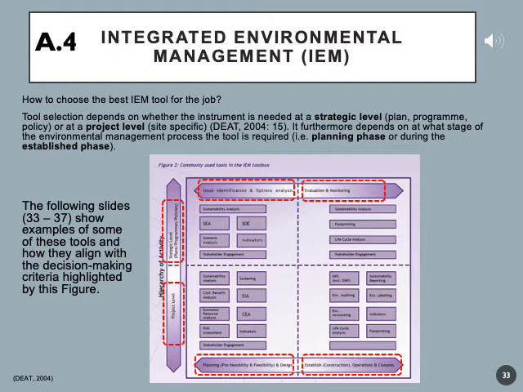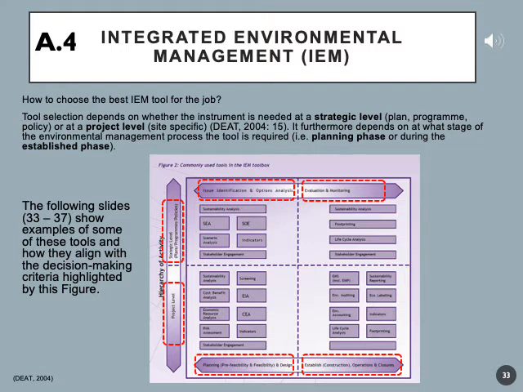It furthermore depends on what stage of the environmental management process the tool is required. Is it required at the beginning of the process, the planning phase, or the scoping phase, or during the established phase, so when the development or activity has been implemented and is operational, etc. In the following slides, we'll look at some examples of how these tools align with this diagram.